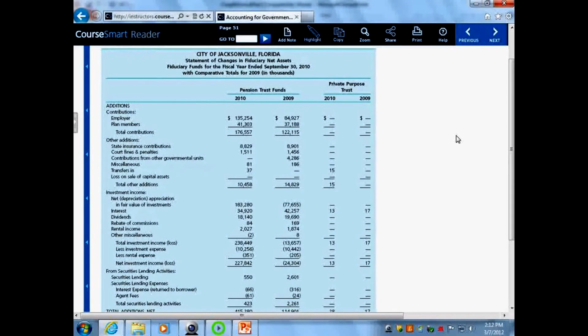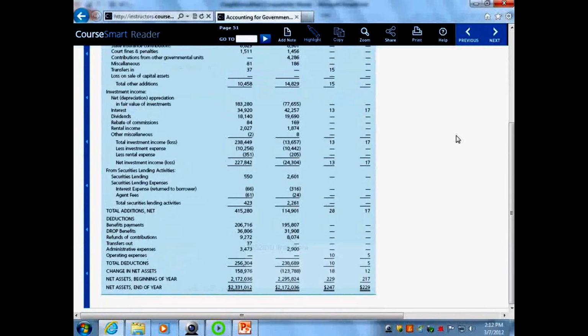What's that column missing? Because there is none, right? So you have pension trust fund and private source of trust. And notice no revenue, no expenses: additions and deductions. Full accrual basis.